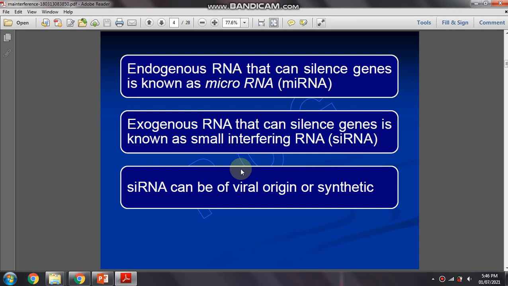Exogenous RNA that can silence genes is known as siRNA, small interfering RNA. These RNAs are short, about 20 to 21 nucleotides long. siRNA can be of viral origin or it may be synthetic, used as a drug for silencing expression of a particular gene.